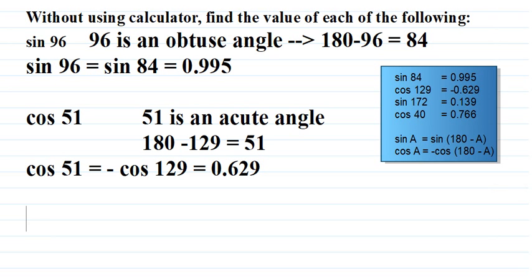And last, what happens if we operate on both sine and cosine together? Sine 8 subtract cosine 140 degrees. Earlier, for the first two questions, we know that the first thing we need to do is find the matching obtuse or acute angle of the question.